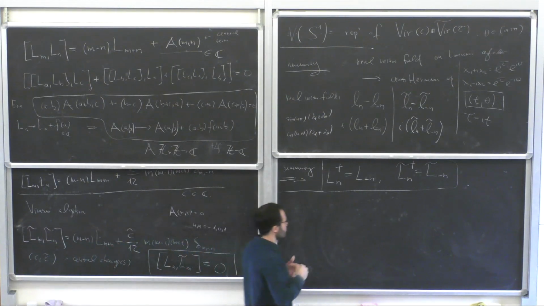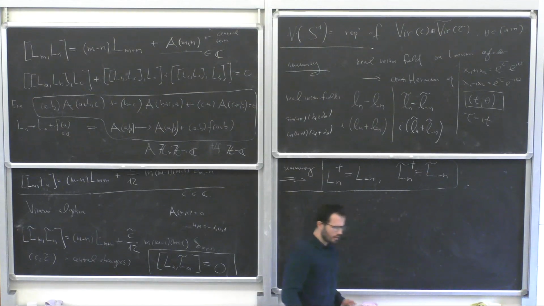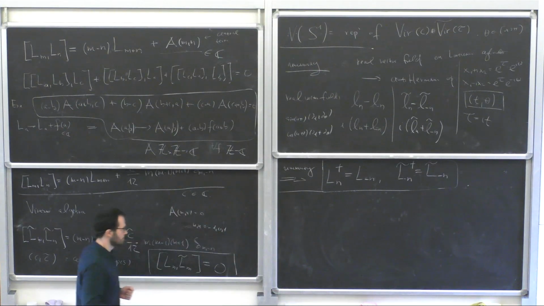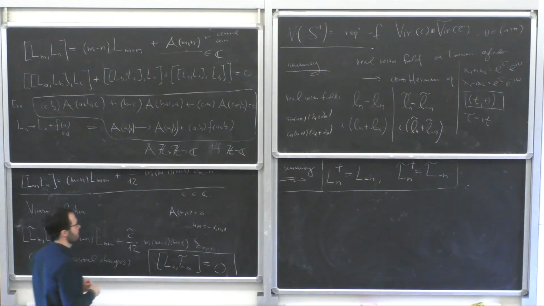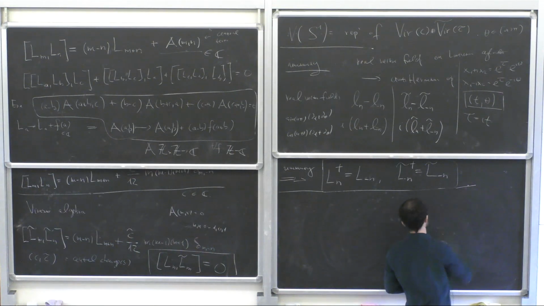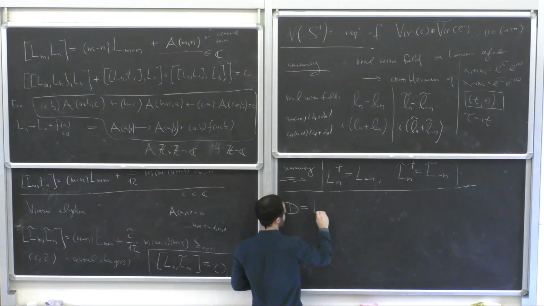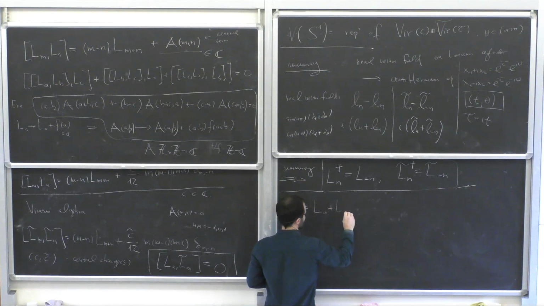Okay, so now we want to understand the Hilbert space on S1 as a unitary representation of this algebra. Now remember that dilatation is L0 plus L0 tilde.